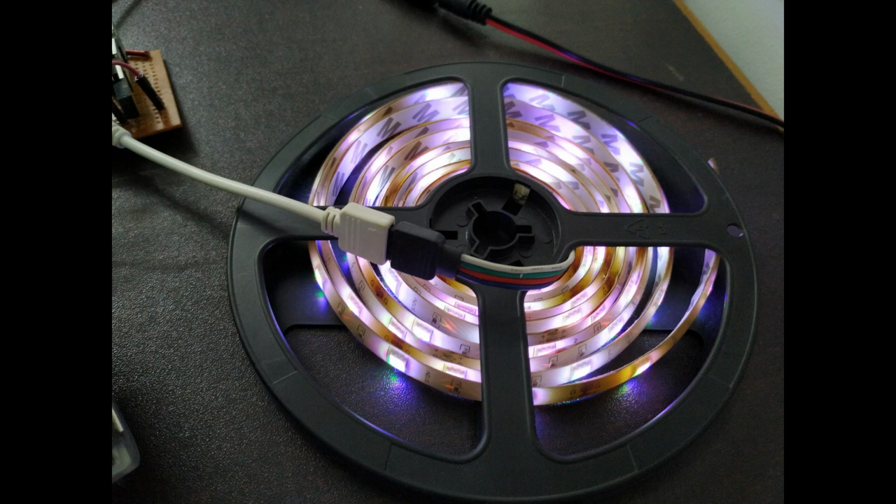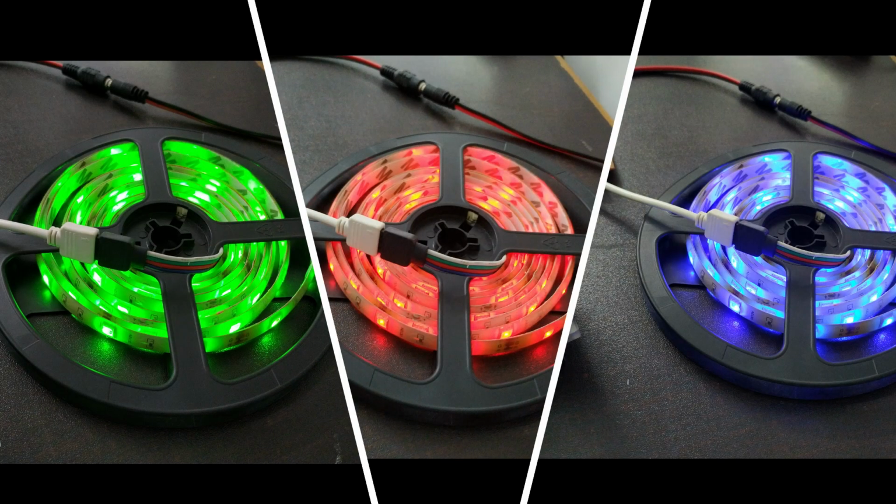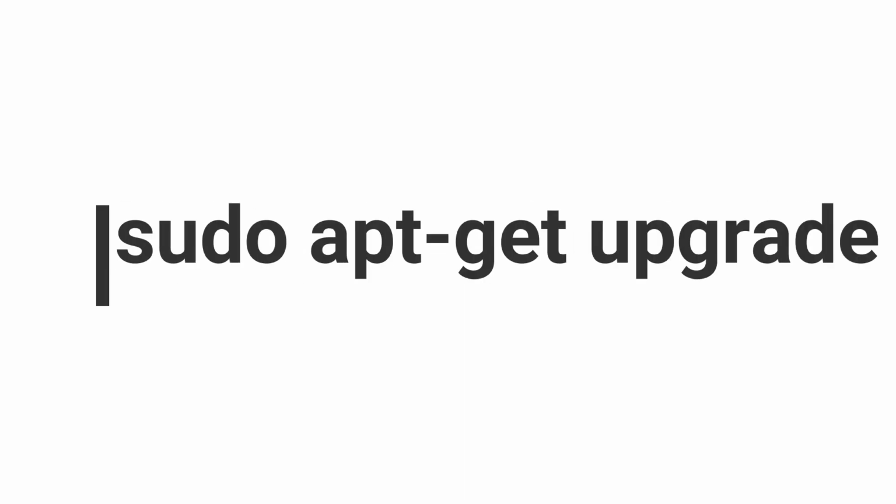It is possible that by default your LED will show some color, but as soon as you execute some commands, it may turn that color off or it may glow a particular color. At this moment, make sure your Raspberry Pi is updated with the sudo apt-get update and sudo apt-get upgrade commands.